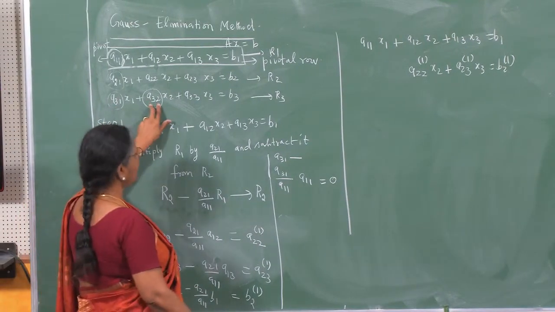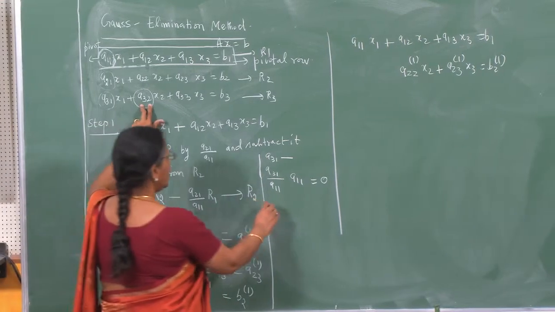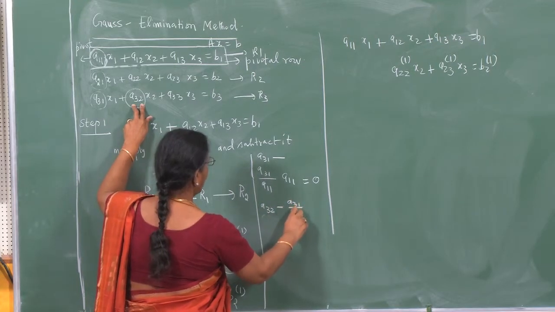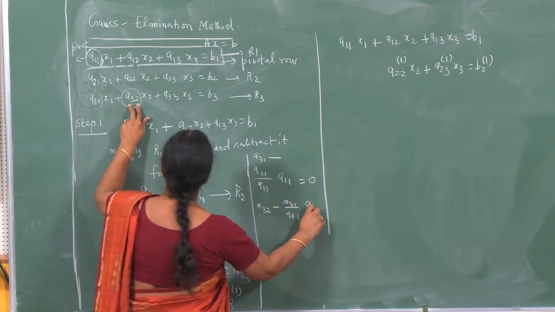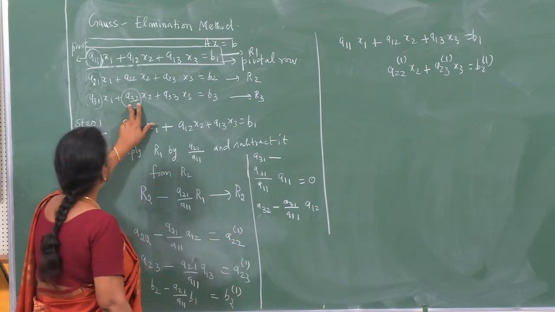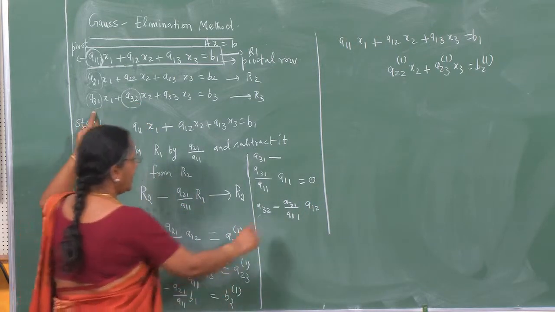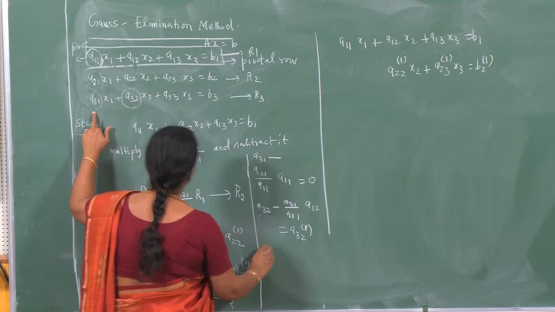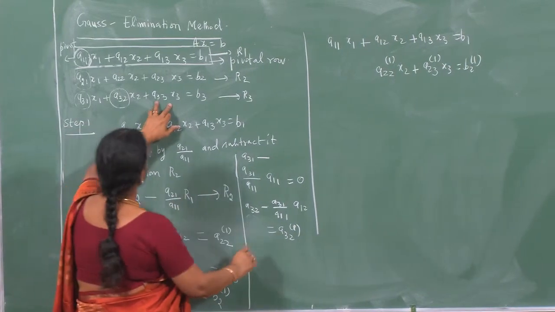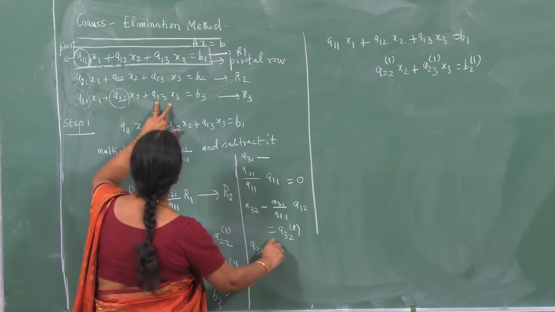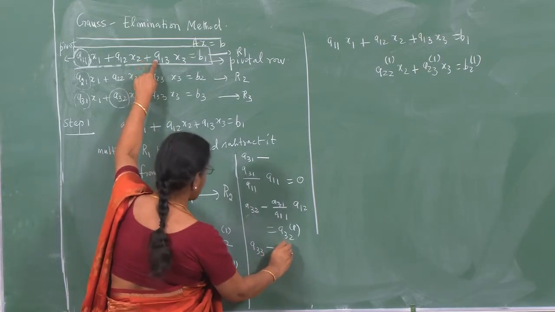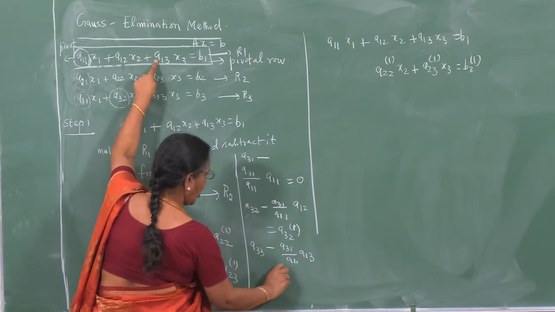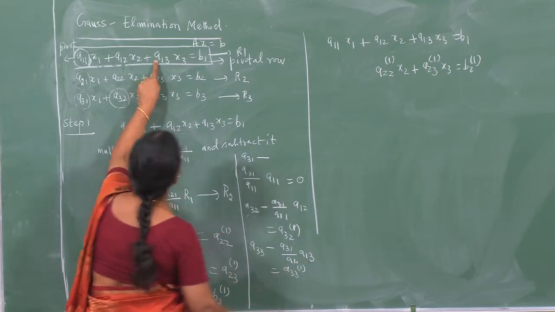What happens to the coefficient of x2 in the new third equation? It will be A32 minus A31 by A11 into A12. And then call this A321. And what about the coefficient of x3? You will subtract from A33 the product A31 by A11 into A13 and call that A331.